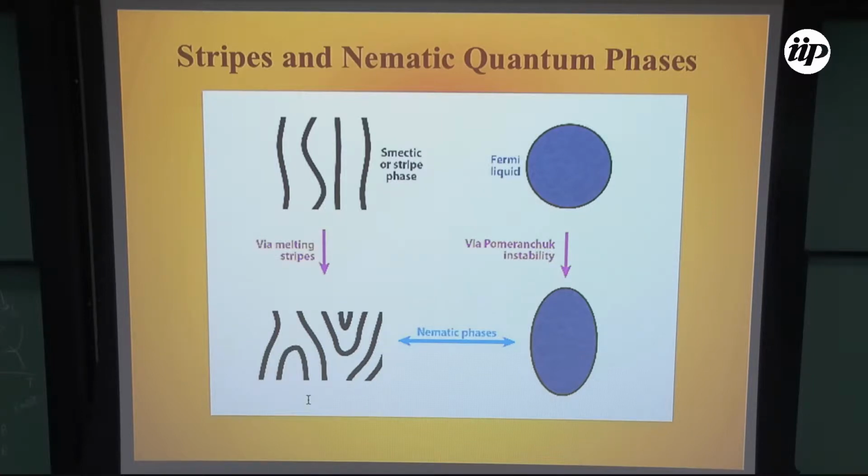And if you put defects in this structure, these defects are essentially dislocations. Dislocations try to recover translation invariance that is broken in this state, but you retain one of the directions. So this is one picture of this nematic phase.